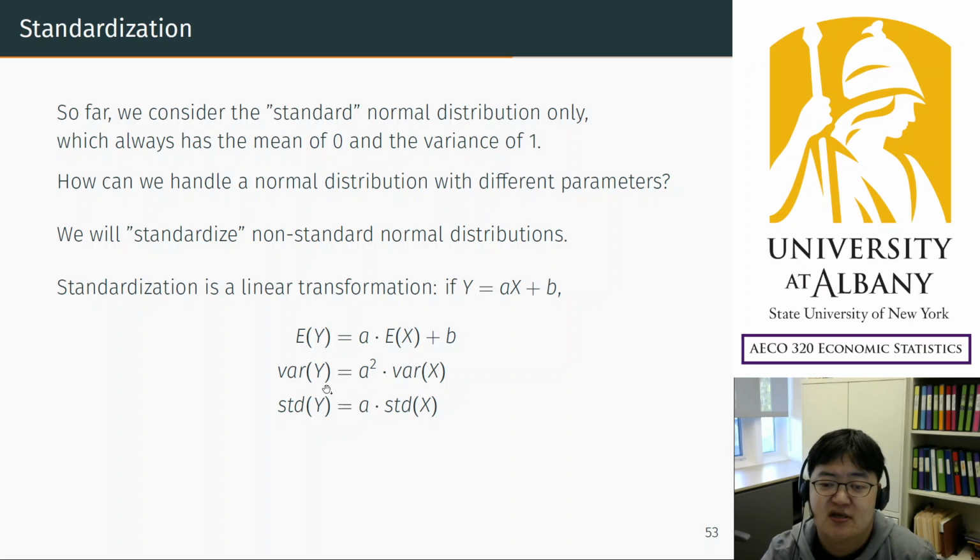So the variance is a squared times the original variance. But if you are interested in the standard deviation instead of the variance, then it would be simpler like this. So anyhow, we know how to manipulate the mean and the variance, which are the parameters for the normal distribution.